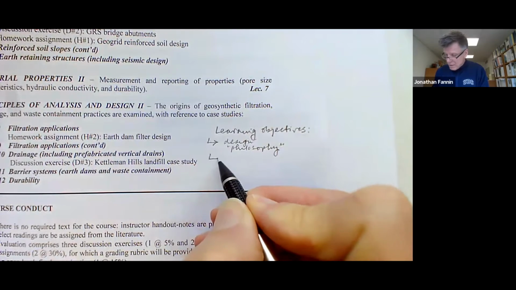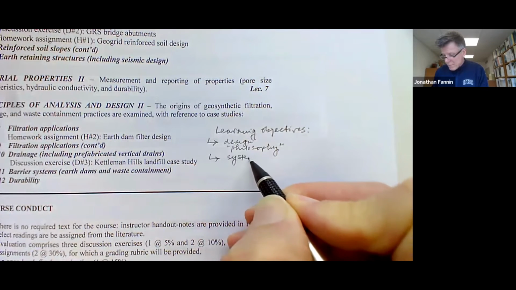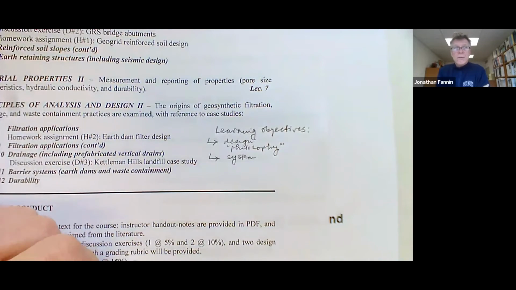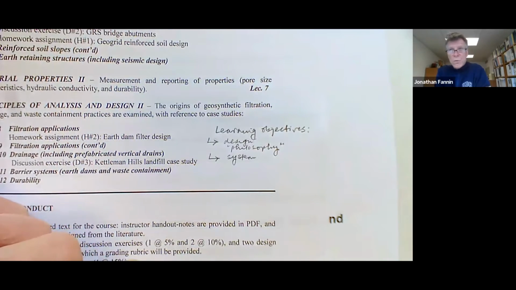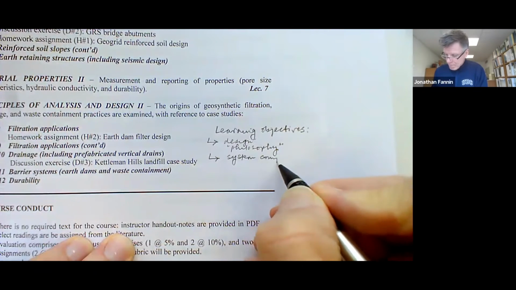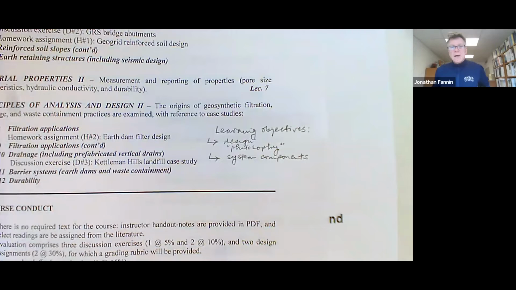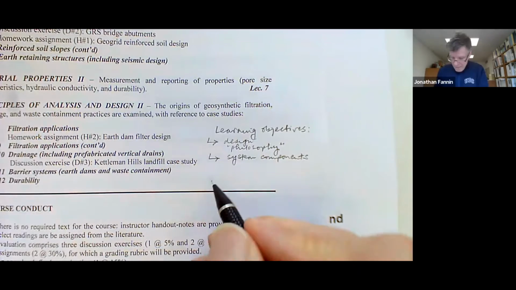So let's look at this then as most of the very nice, the thoughtful reflections in some of the better works look at the barrier as a system, and the system comprises components. So although we may consider the components in isolation, it's really the system performance that we're after.